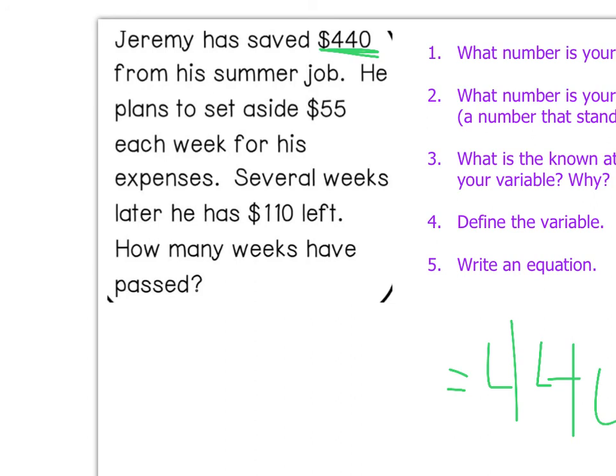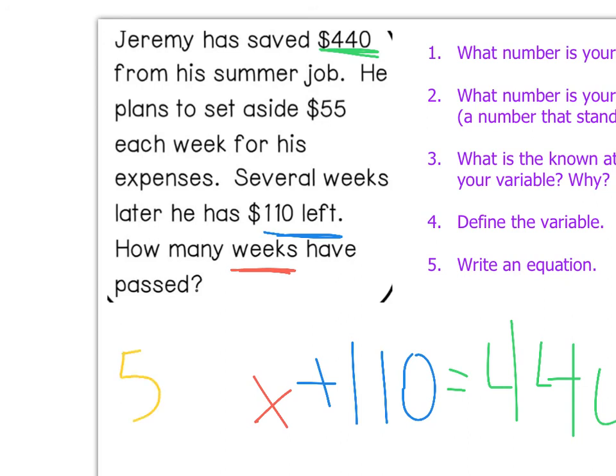So down here I'm going to write 110. This would have to be our constant. So plus 110. And he has $55 each week. We are looking for how many weeks have passed. So weeks would be our variable. And then the 55 would be our coefficient.